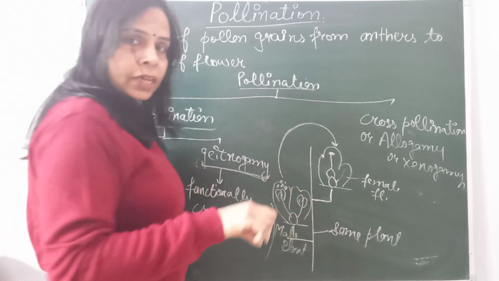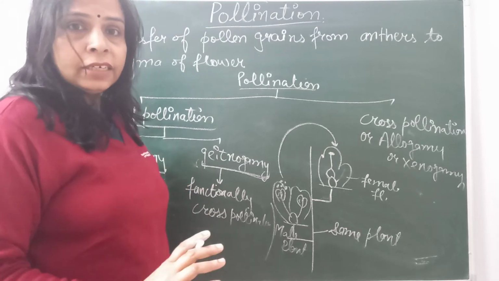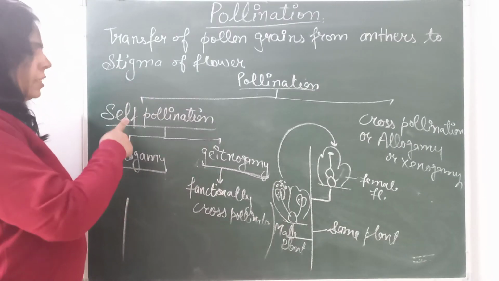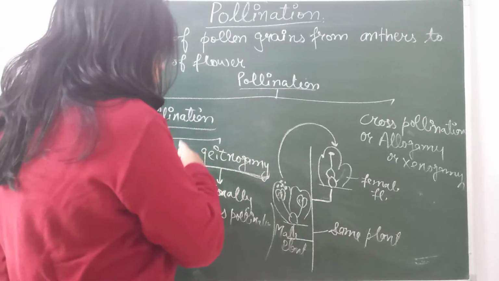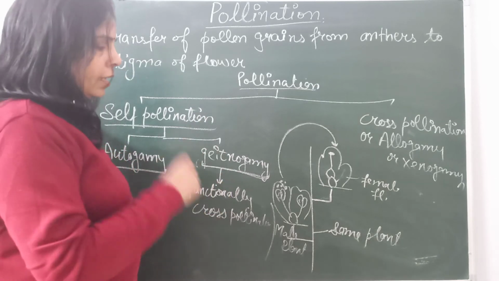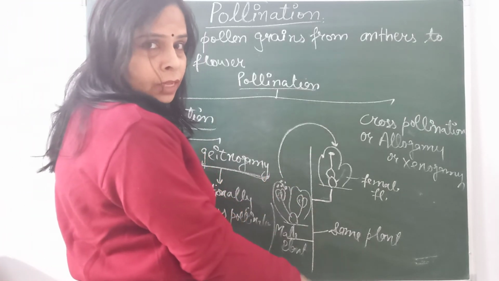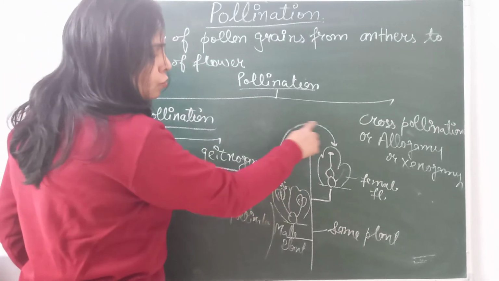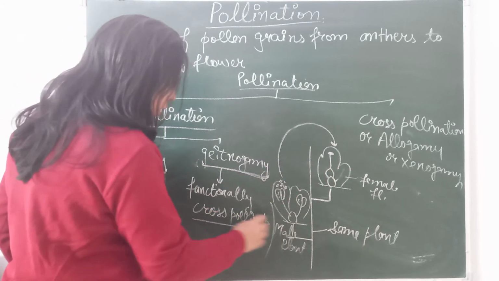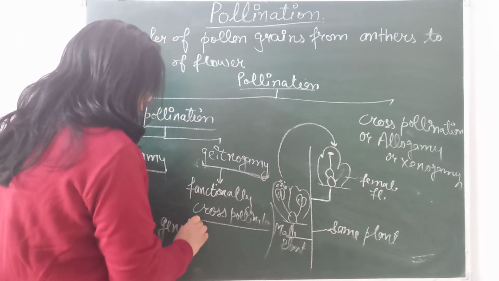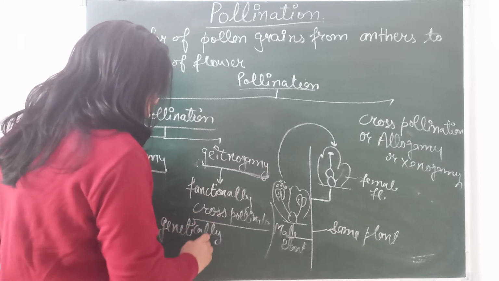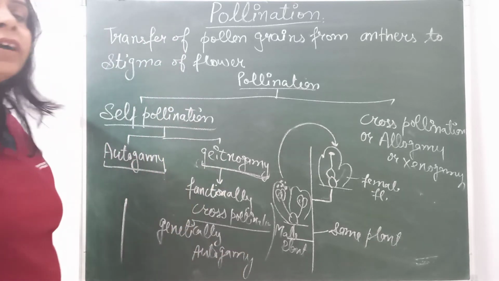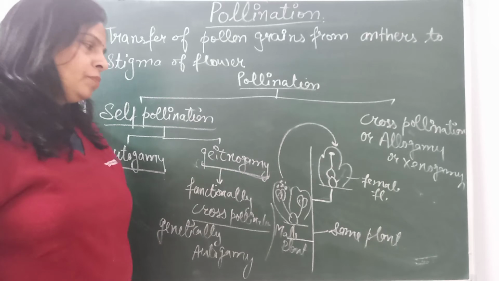As both the flowers are on the same plant, there is no change in the genetic material. So if there is no change in the genetic material, it is similar to autogamy, that is self-pollination. Geitonogamy is also a type of self-pollination as it occurs on flowers of the same plant. All the flowers are different. So functionally, as it requires some agency for the transfer, it is cross-pollination, but genetically it is similar to autogamy, right? I think you must have understood what self-pollination is, right?